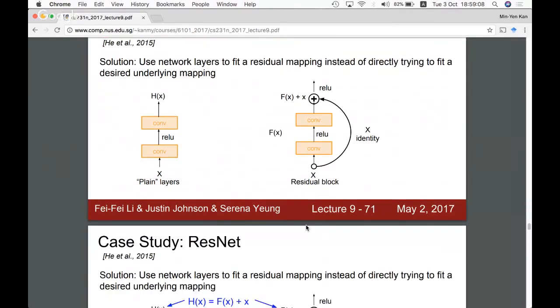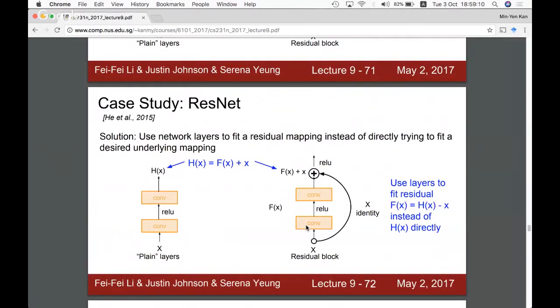So what happens is, for a normal neural network, we take the input, put it through two convolution layers and then output. After that it repeats, using this output as the input for the next layer. But in this case, instead, they add x, the identity, to the residual.